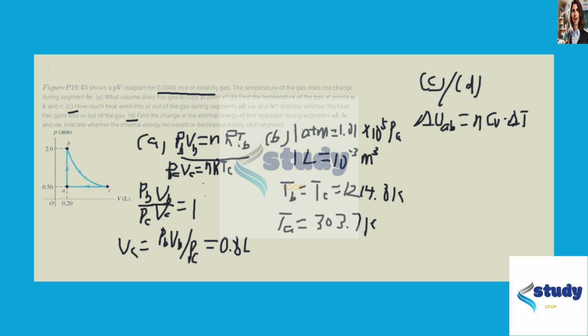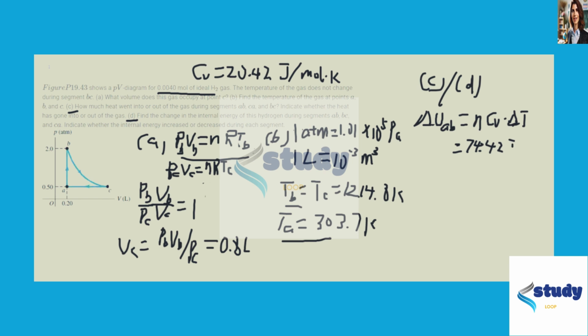The number I found is CV equals 20.42 joules per mole Kelvin. And delta T, because we're looking at process AB, is TB minus TA. So just plug in the numbers, and we can see the final result for delta UAB.